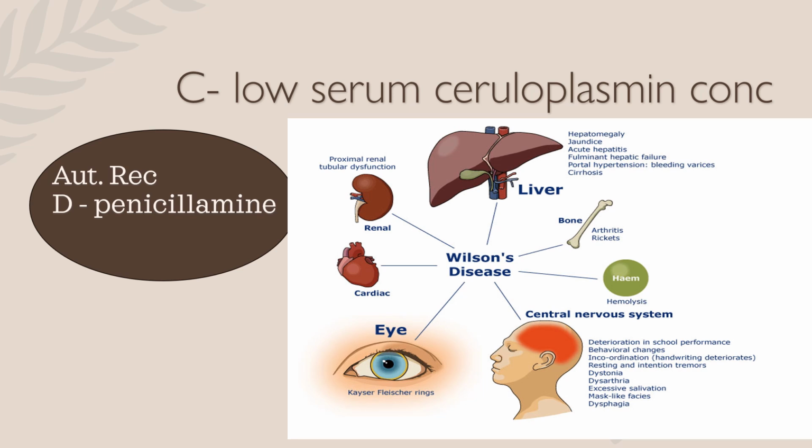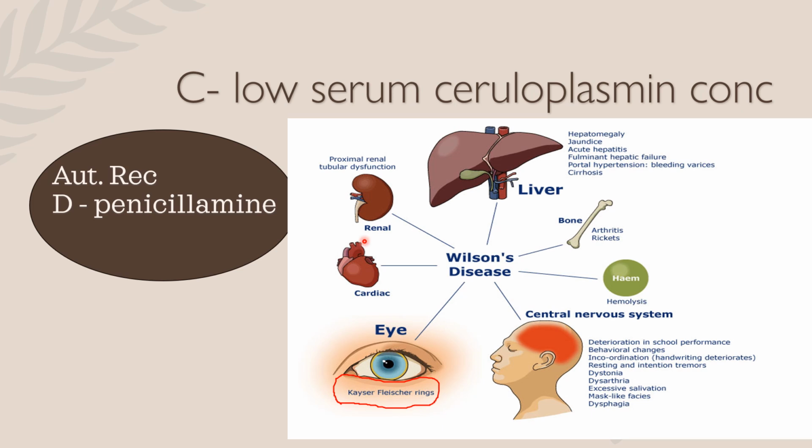Eye involvement, this is also one of the favorite questions, usually repeated: the Kayser-Fleischer ring. In the Descemet membrane of the cornea there is deposition of copper. The cornea has different layers, right? So in the Descemet membrane there is deposition of copper, which is called the Kayser-Fleischer ring.